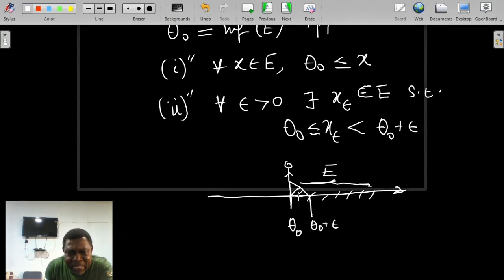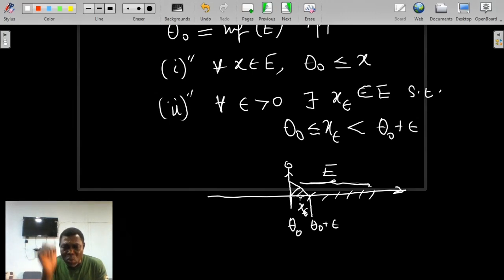Now, what we are saying is that that person must have in between his or her legs a certain element of the set, which we call x epsilon. And of course, the x epsilon depends on epsilon, because depending on how small or how large epsilon is will determine the position of x epsilon.